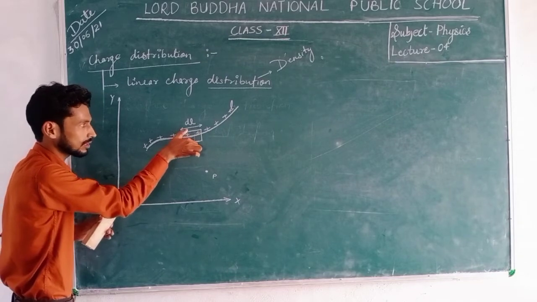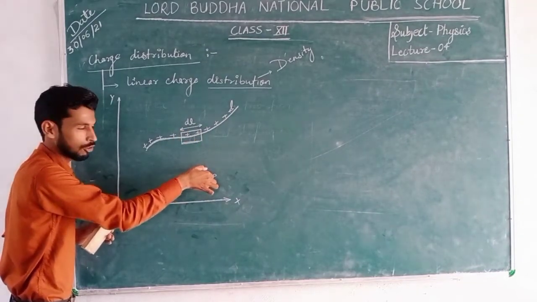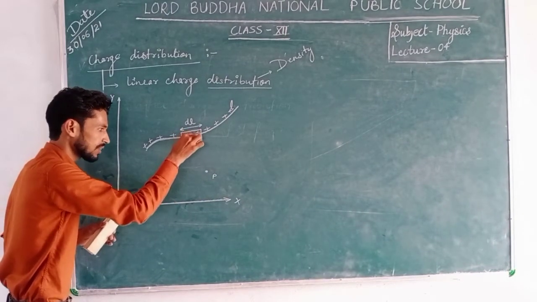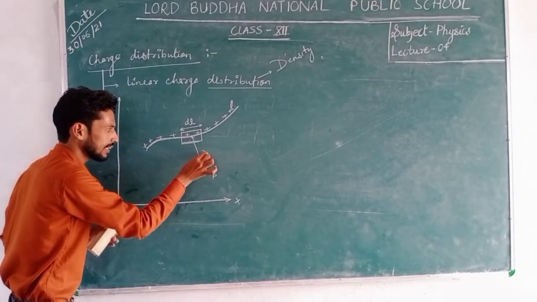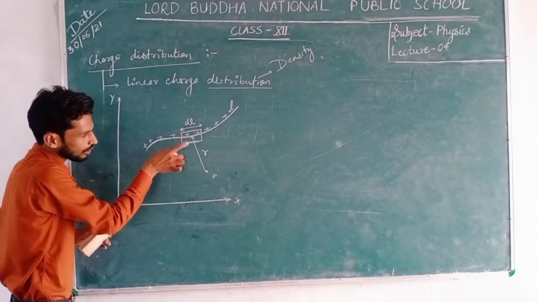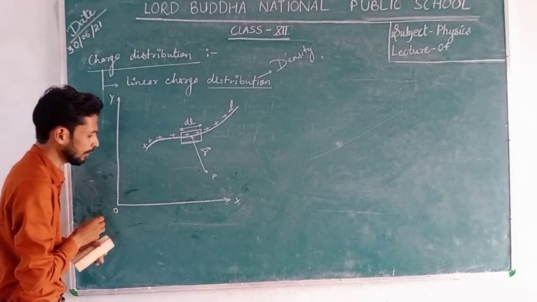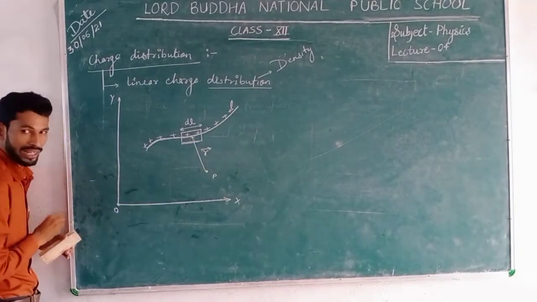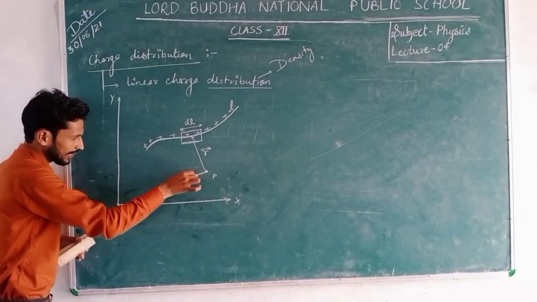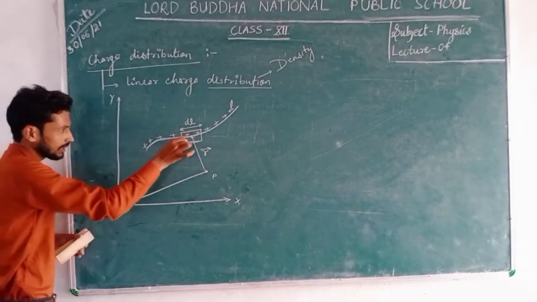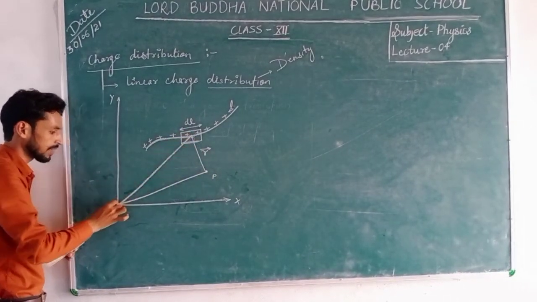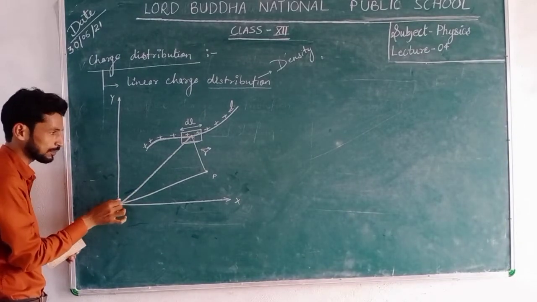Due to this effective length, there will be a force and there will be an effective distance, r. So we take the displacement here, written in vector form, and join these points with the reference point.